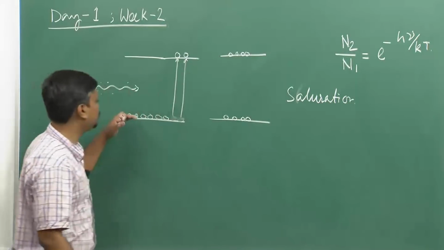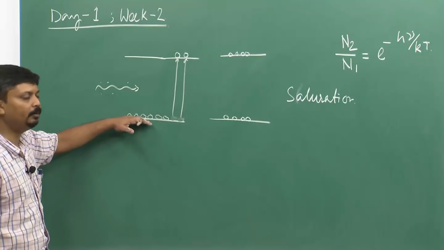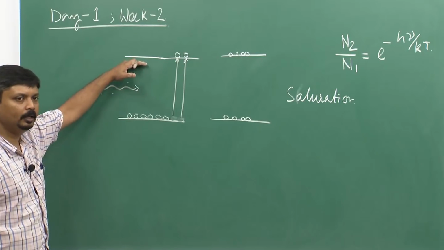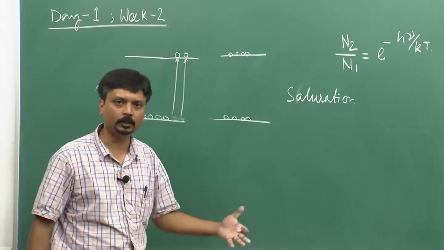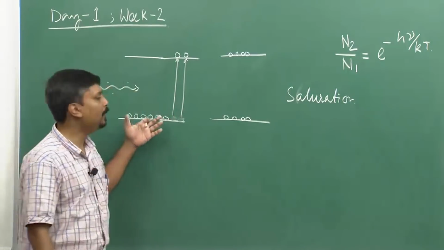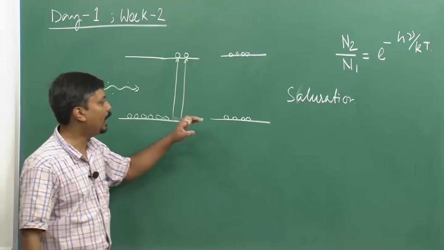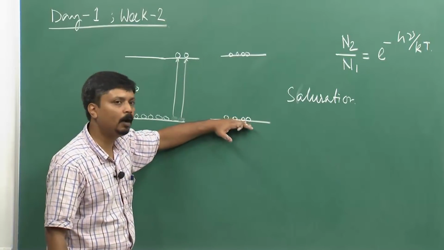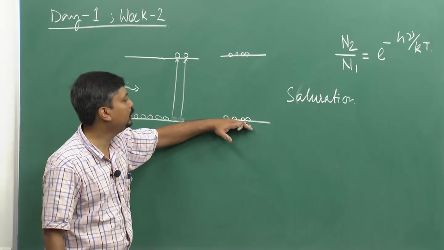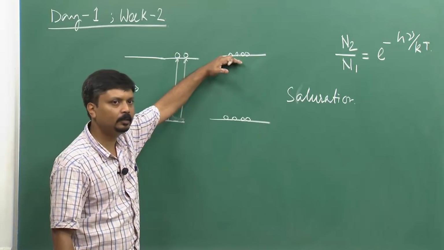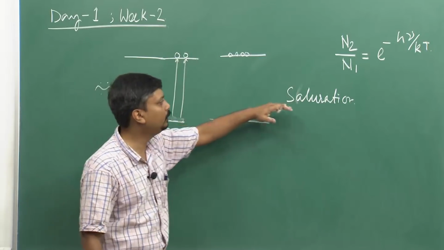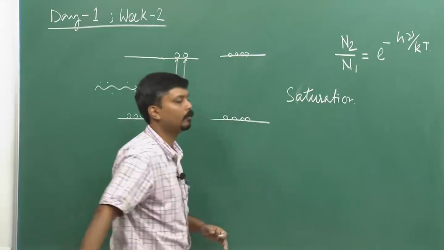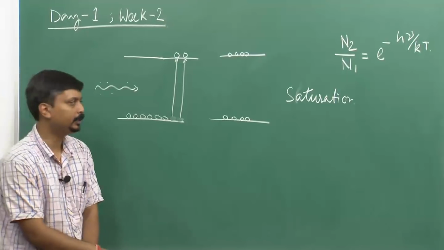Initially all the molecules are in the ground state and very few in the excited state. That was my equilibrium condition, which is governed by the Boltzmann distribution. Then by putting in more and more light, I can somehow achieve a condition like this, where I have equal population in both the states, and I get a condition which is known as saturation.